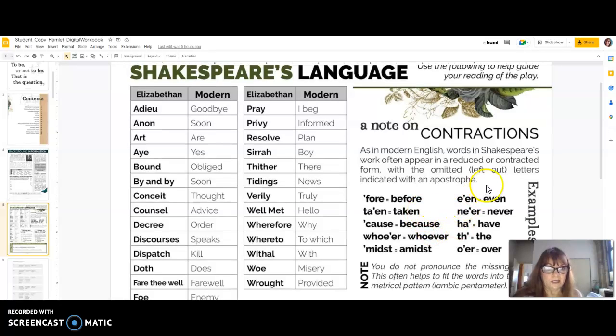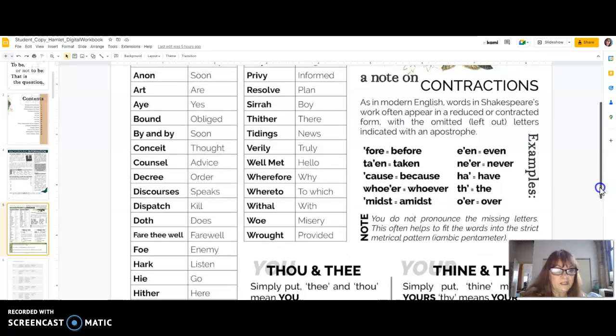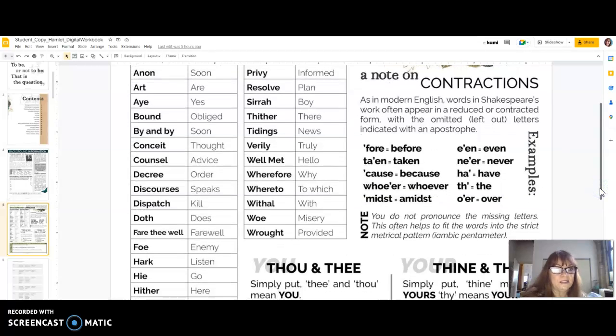So as in modern English, words in Shakespeare's work often appear in a reduced or contracted form with the omitted or left out letters indicated with an apostrophe. And you don't need to pronounce the missing letters. It is done this way so that the syllables fit in proper form, which in this case is going to be iambic pentameter.